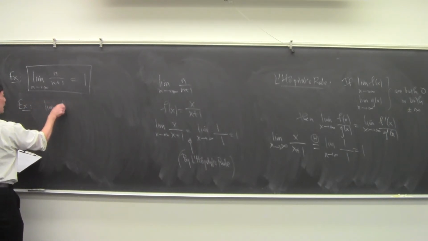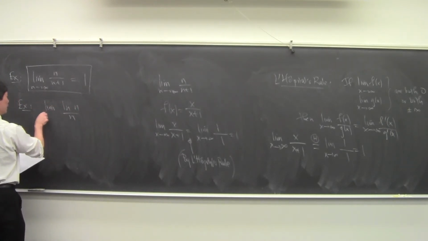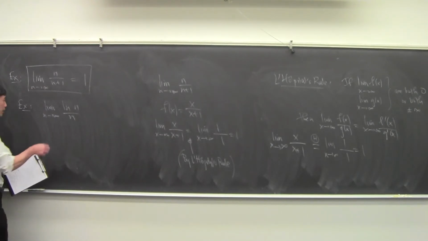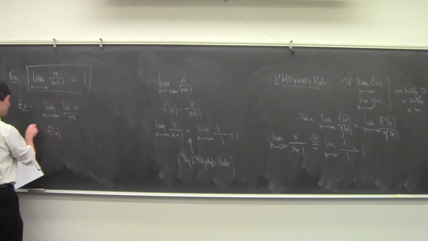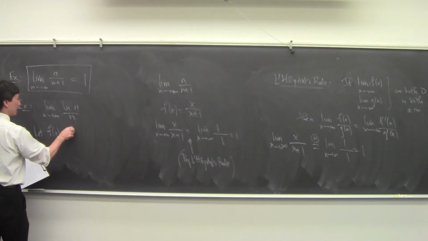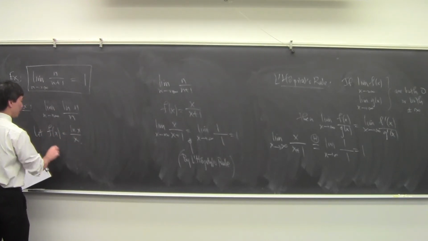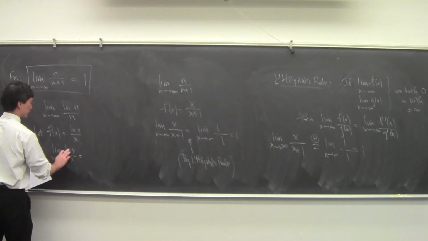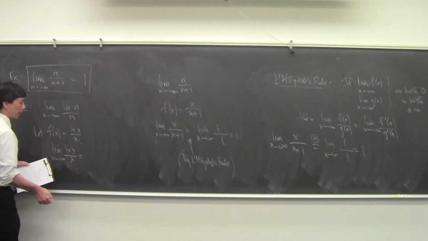The limit of natural log of n over n as n goes to infinity. Okay, so we do the same thing. We say, let's create a function. Let f of x be natural log of x over x. And we want to look at this. Right?